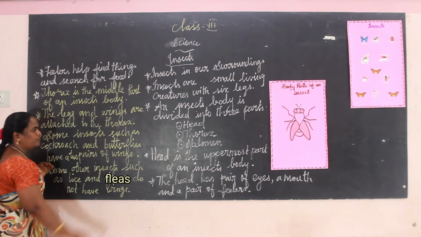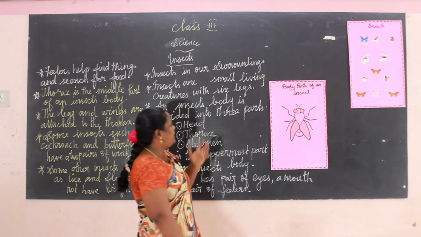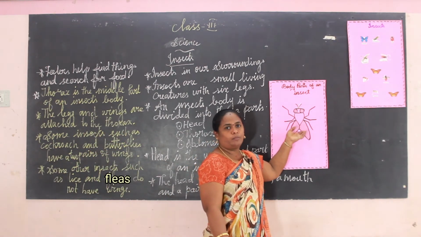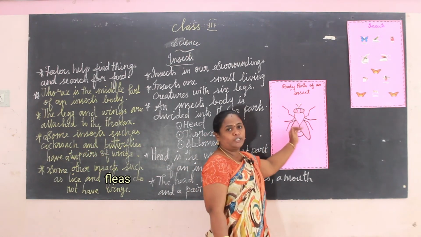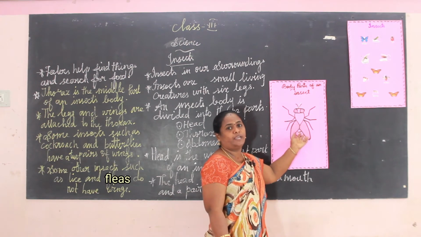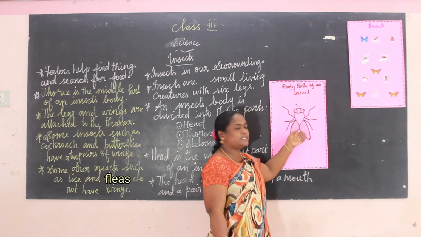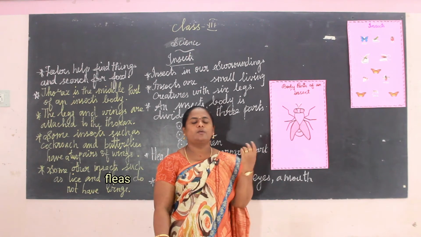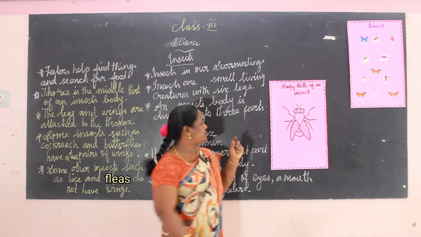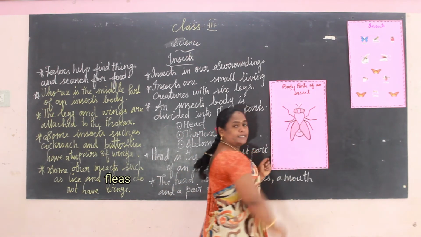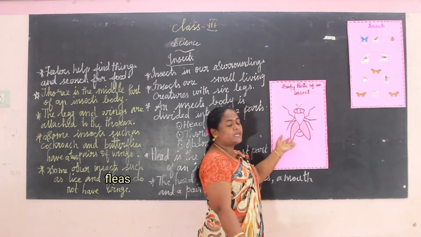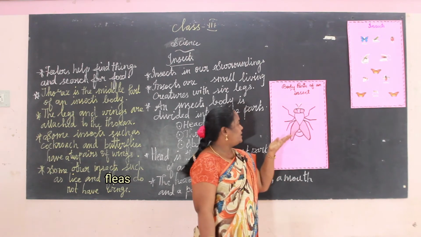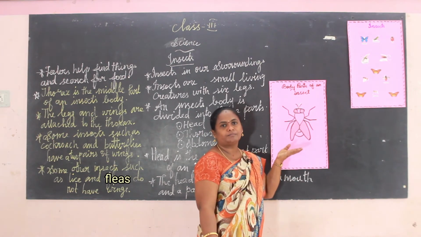And then next we learn the abdomen. Below the thorax, the abdomen is present. The abdomen is the largest part of an insect's body. It protects the soft body in some insects such as cockroach and beetle.